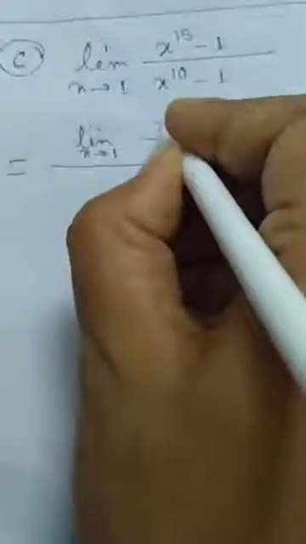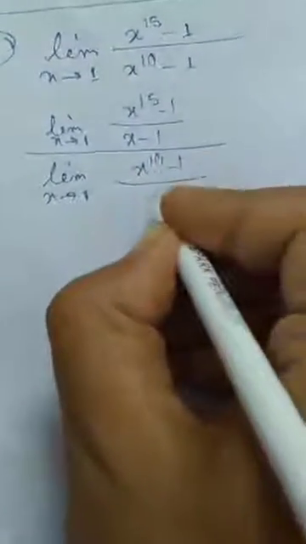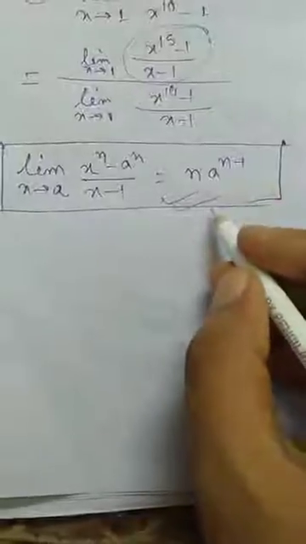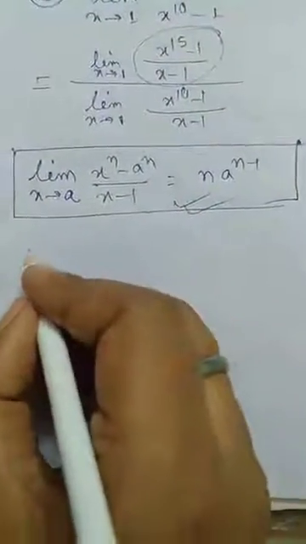We write this as limit x tends to 1 (x^15 - 1)/(x - 1), and by limit x tends to 1 (x^10 - 1)/(x - 1). Now we can apply the formula here.